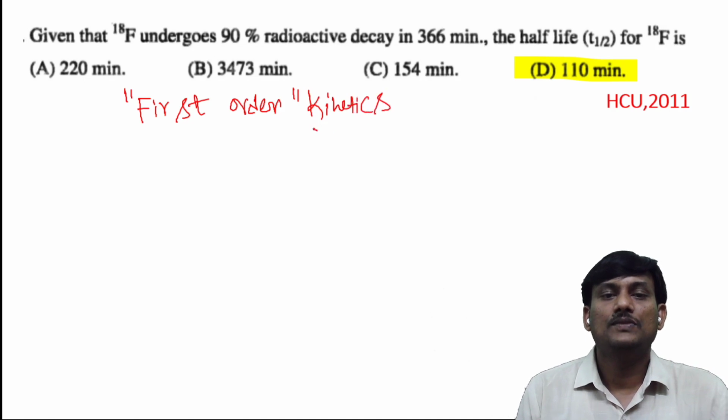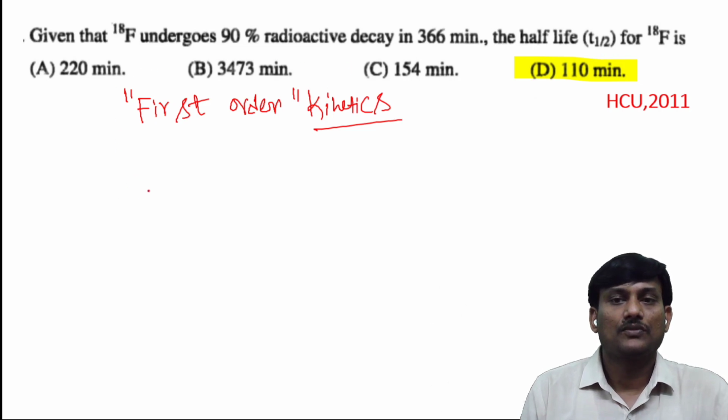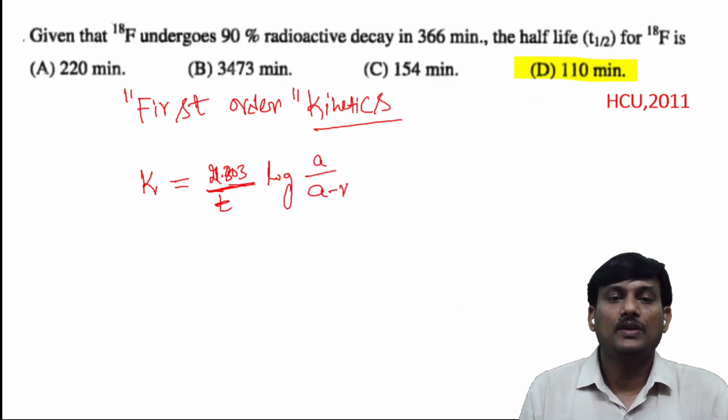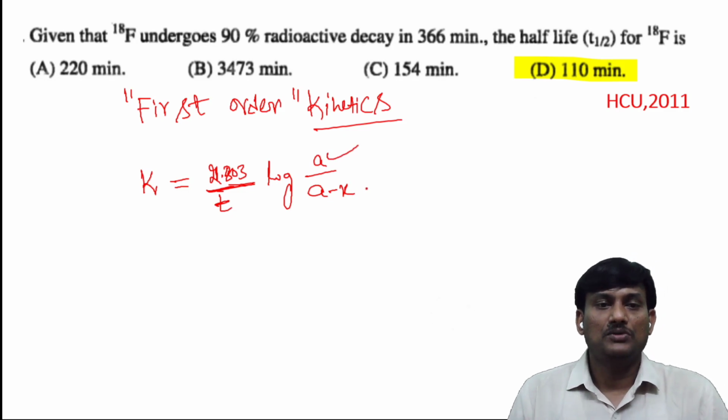We know the integral equation of first order kinetics, that is K is equal to 2.303 by T log A by A minus X. A is the initial amount, A minus X is the final amount.